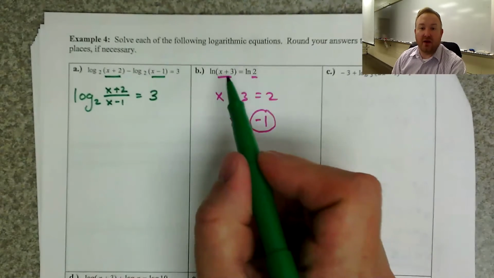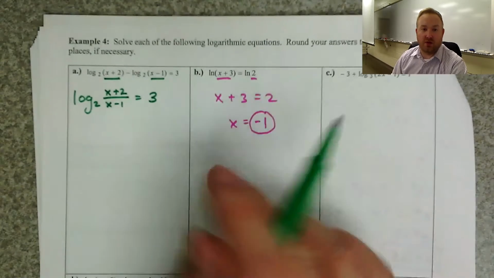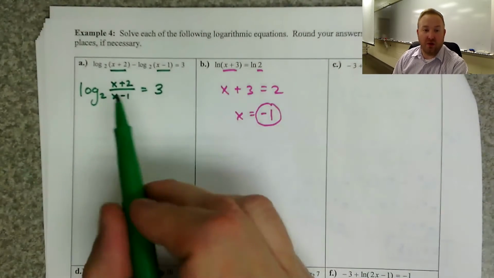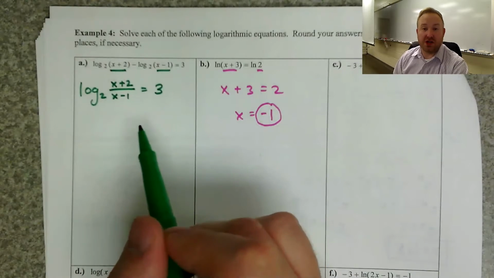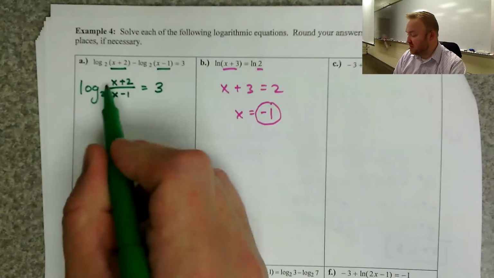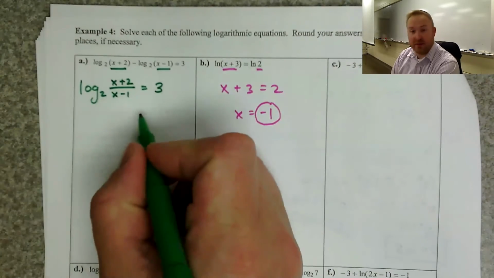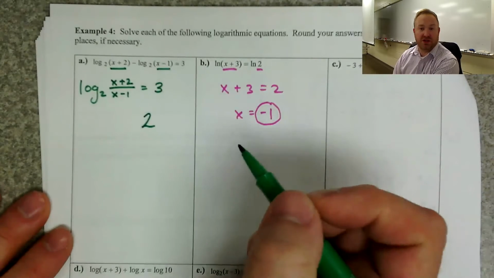So I'm not in the situation where I can just set these two arguments equal. What I can do, though, is to just change this logarithmic equation into exponential form. And that's really all that I need to do. The base of this log is 2. So when I'm changing this into exponential form, the base of my power will be 2.